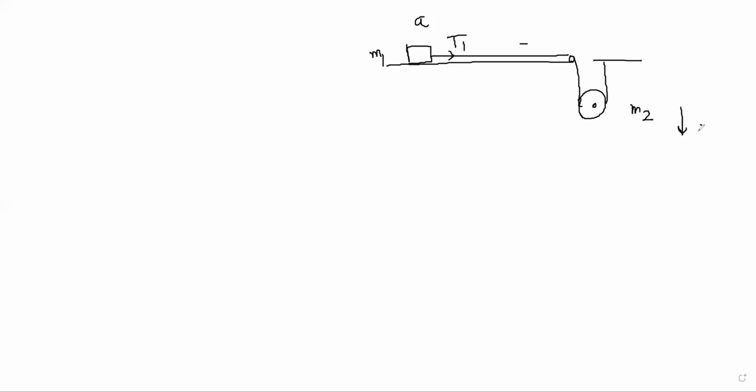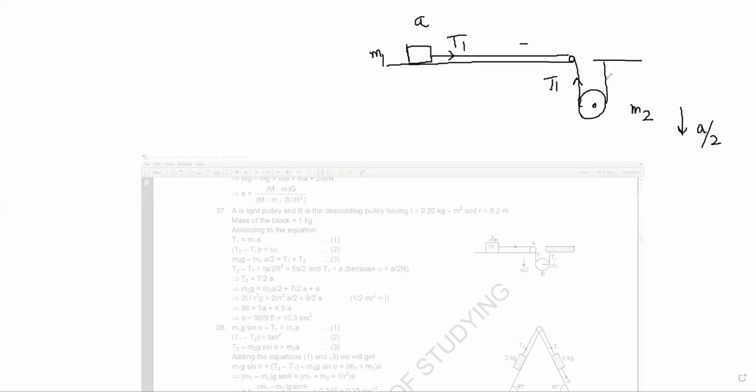Okay, so fine. We had m1 and we had this block and this like this, and let's say this is m2. Let's call this tension t1, and that is going with acceleration a, and this is coming down with acceleration a by 2. This is t1, and the other tension we can call t2.